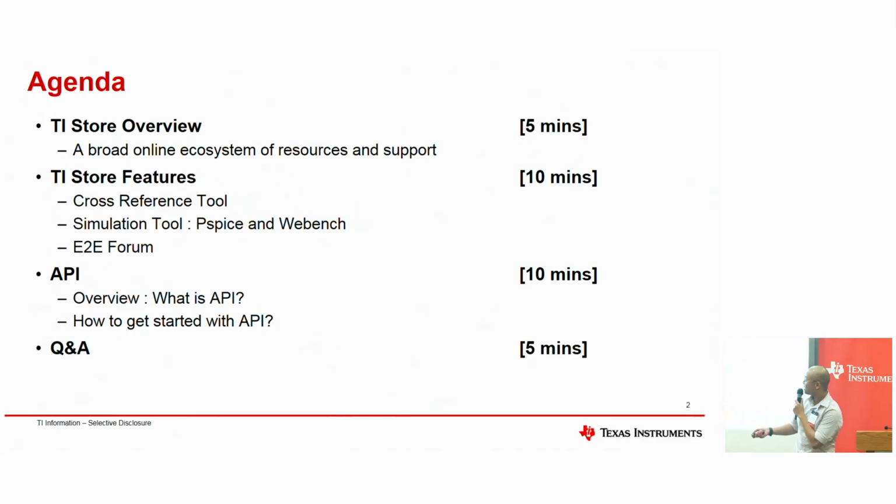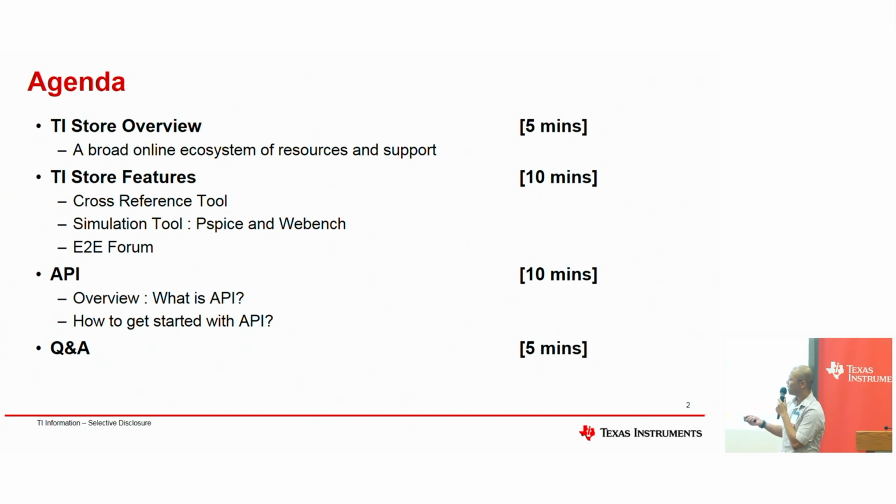Okay, so this is the agenda that I have for today. I will spend some time to talk about our TI store overview and also elaborate on some of the TI store features that we have. The TI store doesn't only apply to the procurement people, it also applies to the engineers here. You can gain benefit from it.